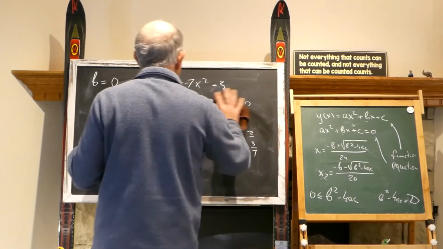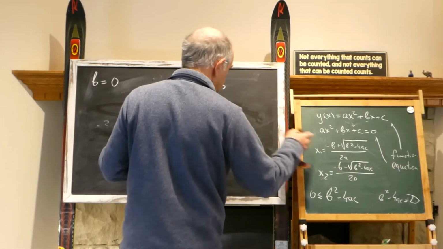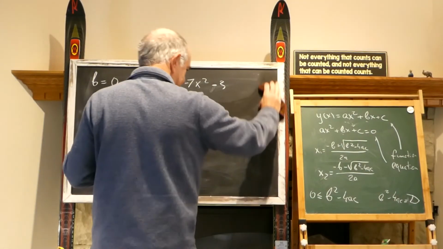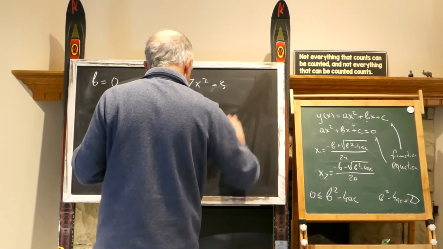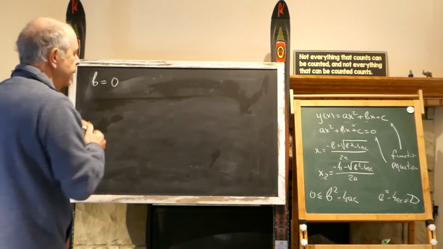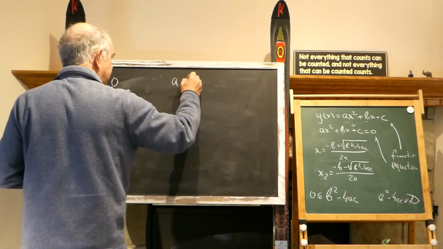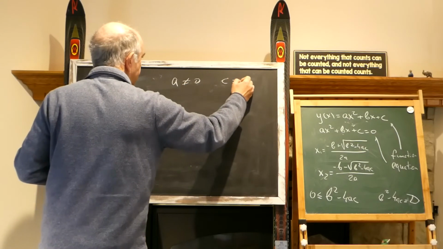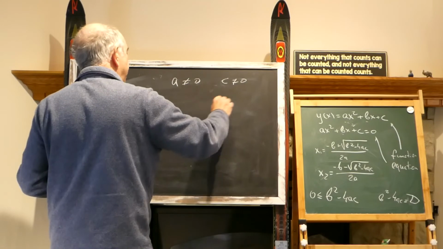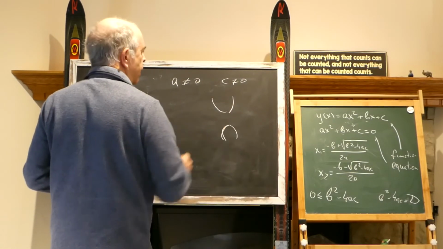So the bottom line is, you of course can use this formula too. And I suggest you try it for those examples that I just displayed. But for the time being, all I wanted to discuss here is the case when b equals 0. So a not equal to 0, c not equal to 0, and we have the parabola. a determines whether things are going up or down, positive or negative.